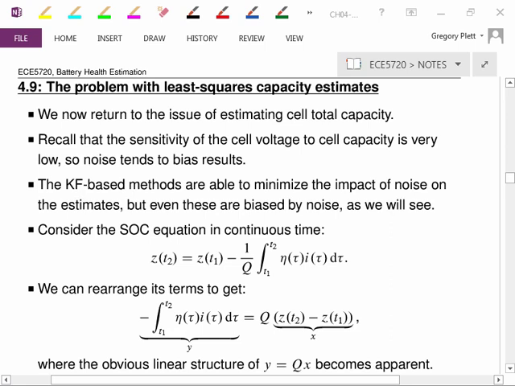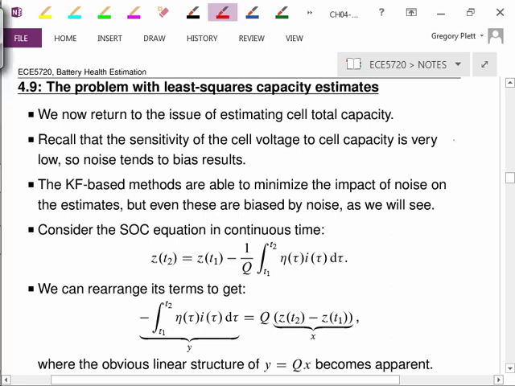And we're going to develop a method that's not easily implementable in practice, that is not biased but is optimal. And then we're going to develop a method that approximates that optimal solution but is quite easy to implement in practice. So we're going to fix our capacity estimate throughout the rest of this chapter.